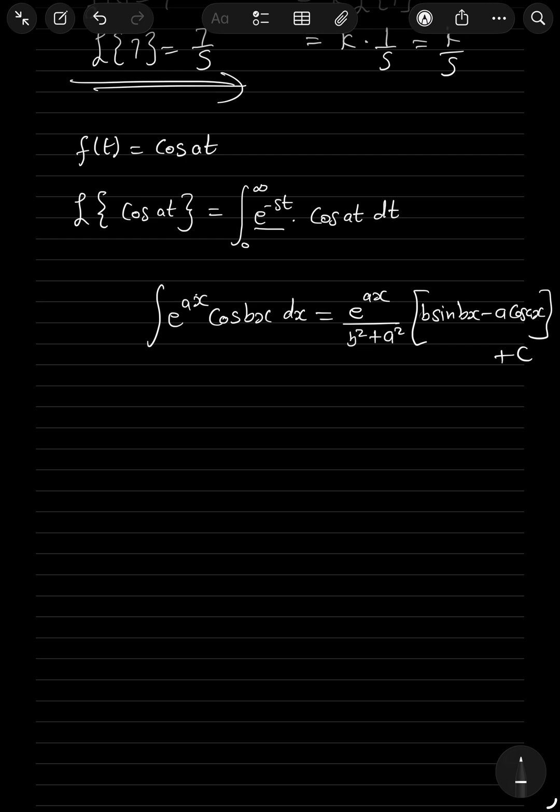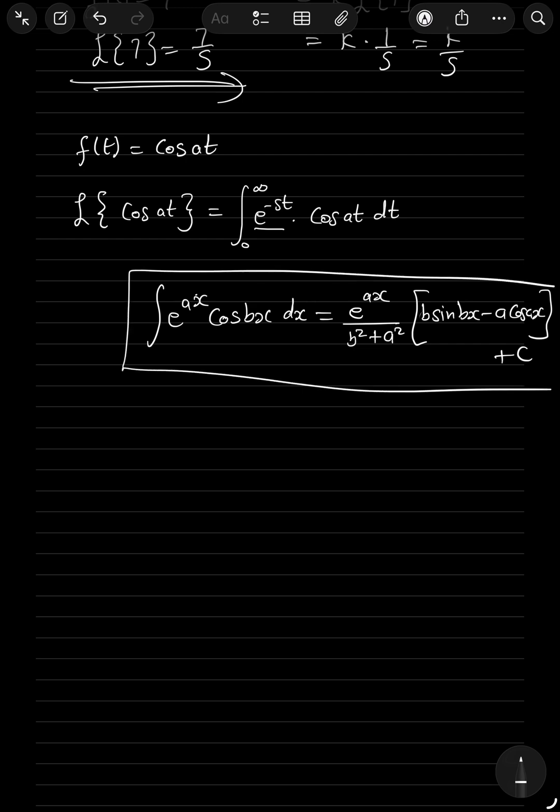This is an indefinite integral, so we need to remember this. That's what you're going to apply here when you're integrating the product of an exponential with a trigonometric function.